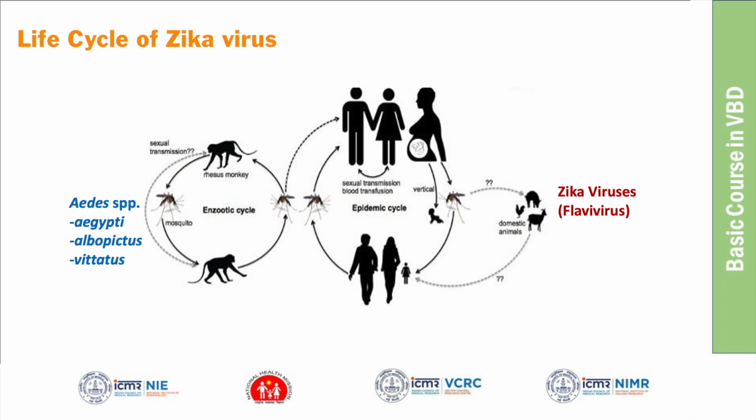The virus can be transmitted by vector from human to human, that is a human cycle, and from male to female or female to male by sexual transmission. Sexual transmission is also known, and from mother to child, vertical transmission is also known. And the children born to the infected mother in Brazil had microcephaly.